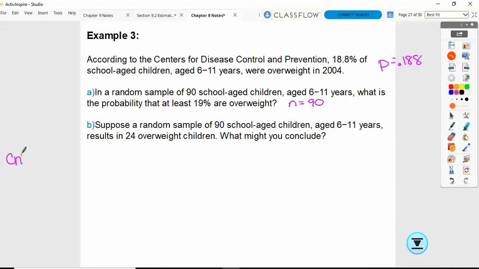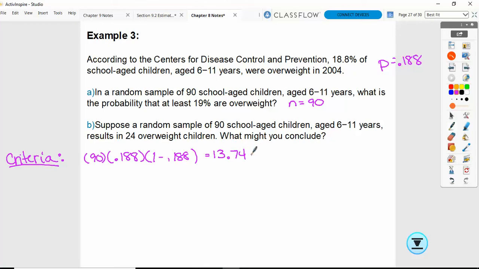Before I can do anything, I need to know if this is normal. So the first thing I'm always going to do is check my criteria. We have to check N, which is 90, times P, 0.188, times 1 minus P. So that gives me 13.74.